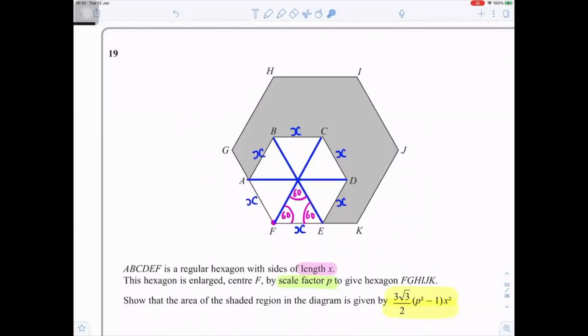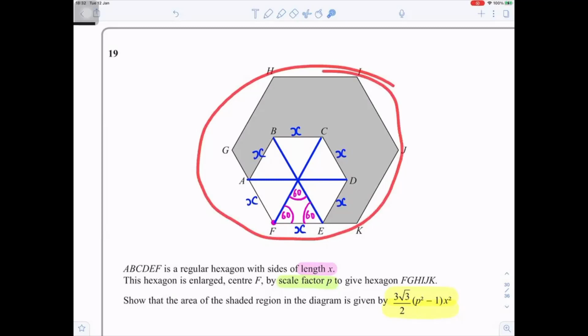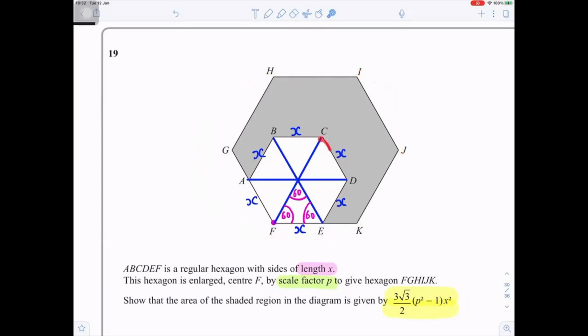So to summarize, you want the area of the big hexagon minus the area of the small hexagon, and that will give you the shaded area. In order to get the area of the hexagon, you find the area of one triangle, times it by 6. 1, 2, 3, 4, 5, 6. Same for the big hexagon.